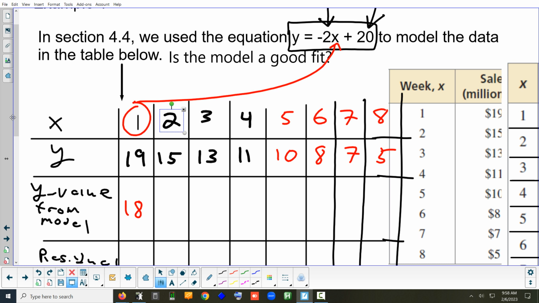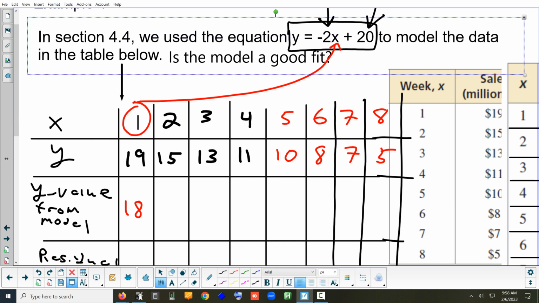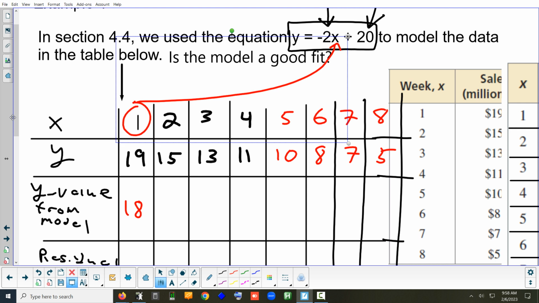Joe, if I plug 2 in for x, what's -2 times 2? That's multiply, not divide. -2 times 2. Yep, -4.